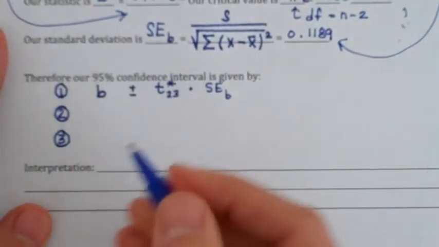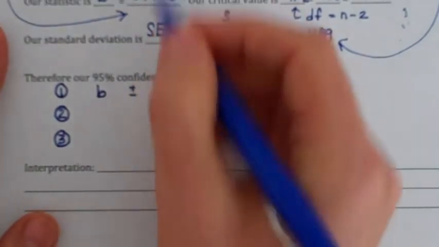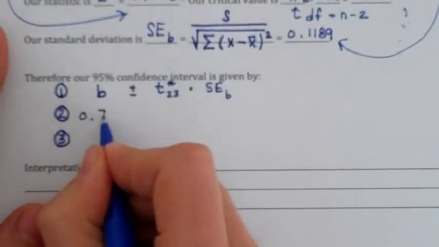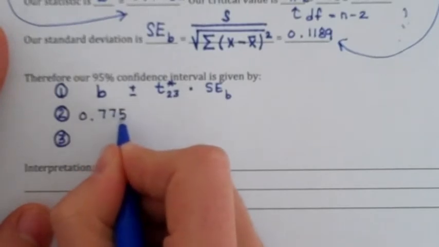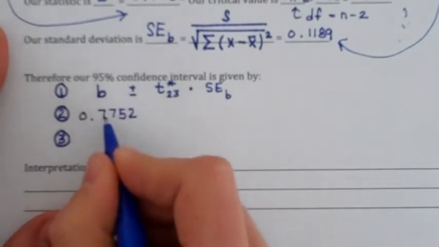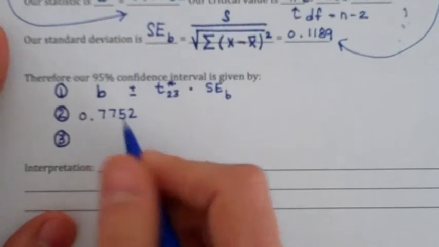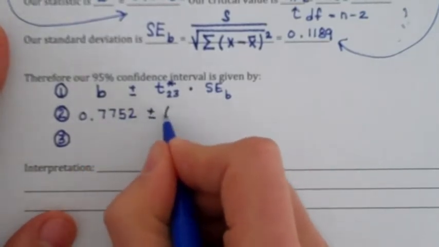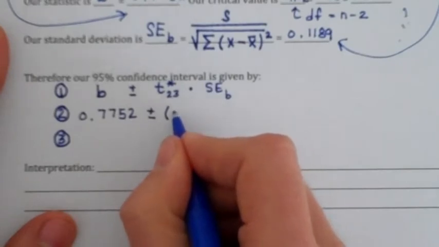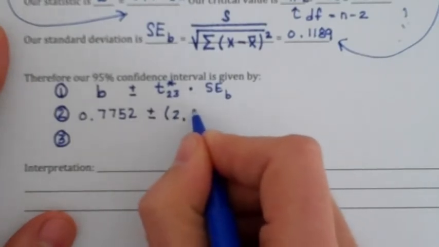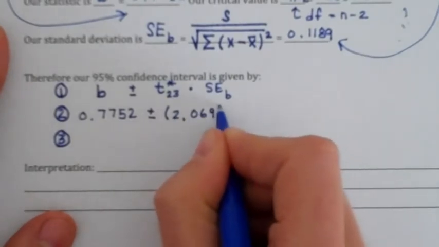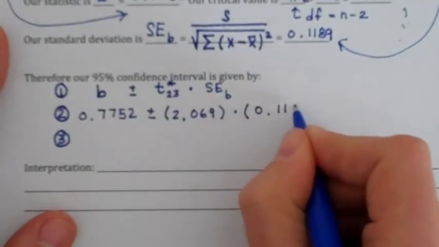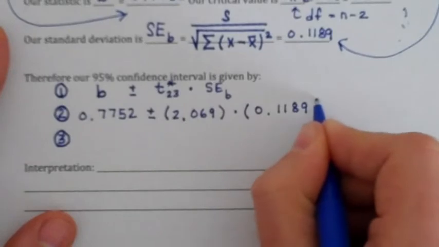Okay, so the second step is we plug in the values that we have. The prediction of the slope is 0.7752 plus or minus our t-score, 2.069, multiplied by our standard error, which is 0.1189.